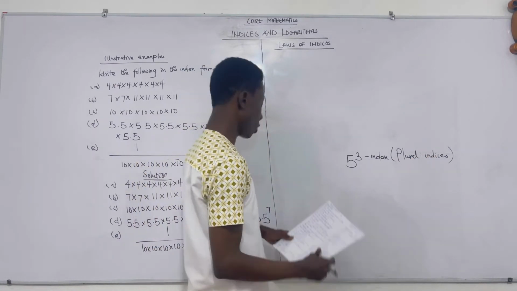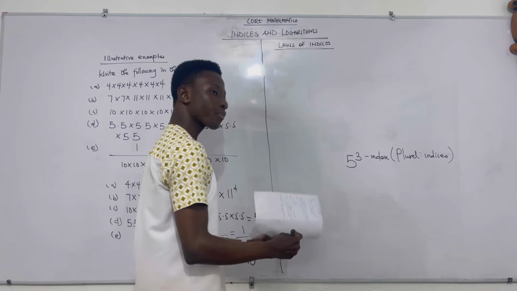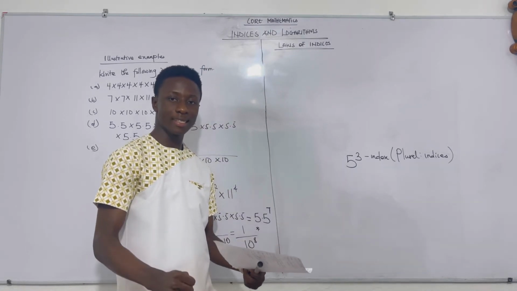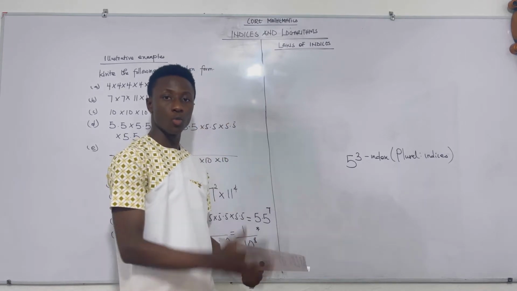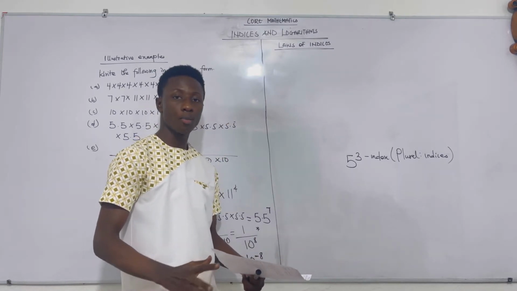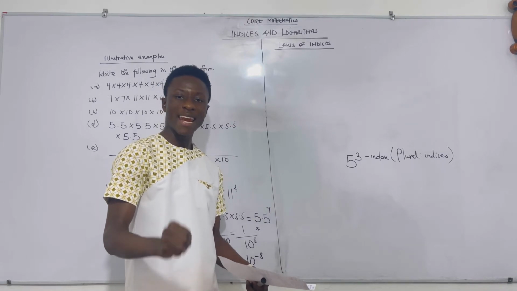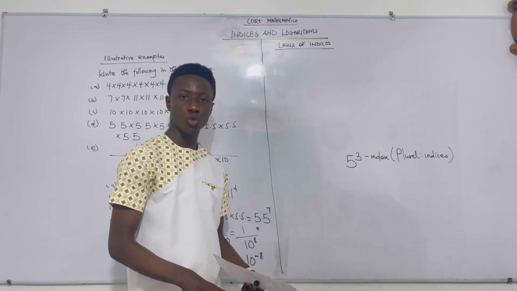So now let's start the laws of indices. All numbers written in indices obey the following laws we're going to state on the board. Any number written in index form obeys these rules. Good.